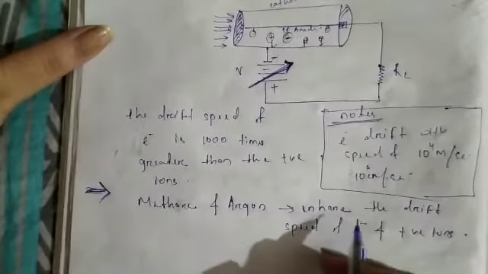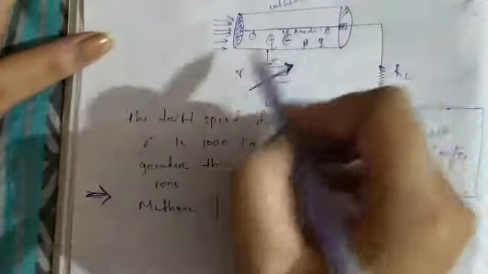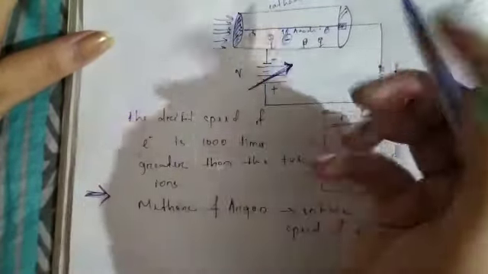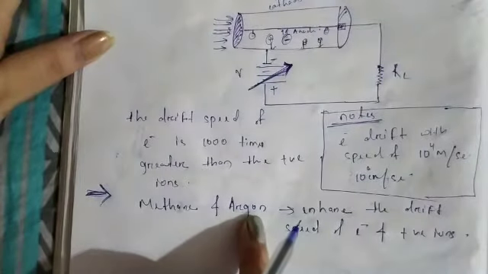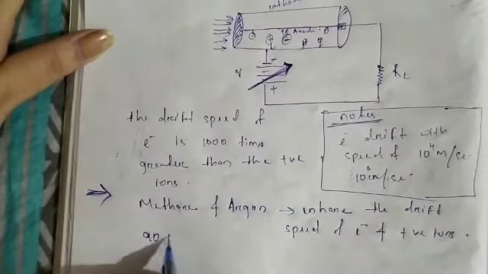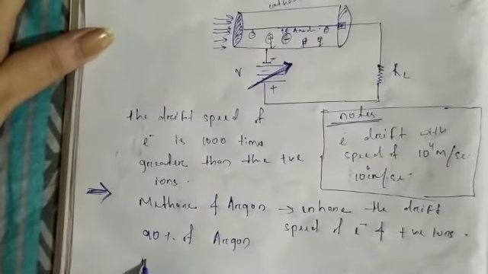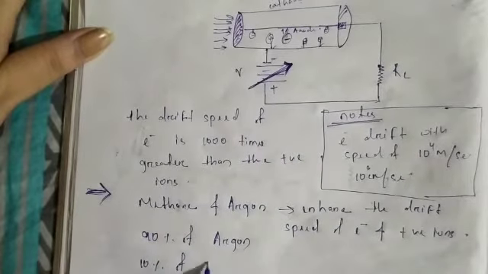Because of that, in this chamber or gas detector, we use methane and argon gas in the ratio of 9:1, that is 90% argon and 10% methane.